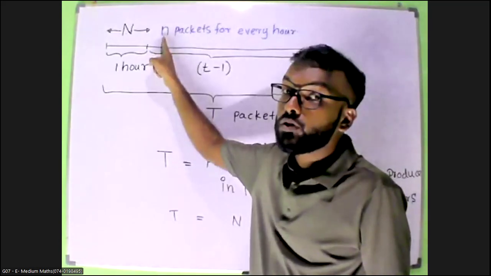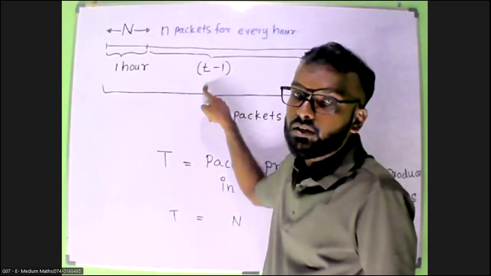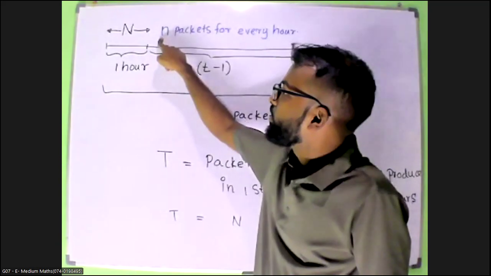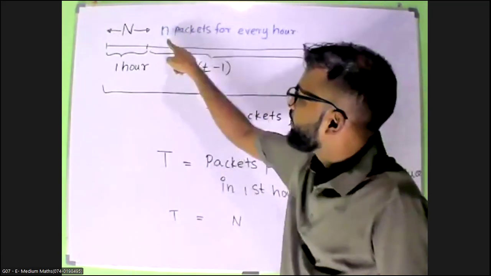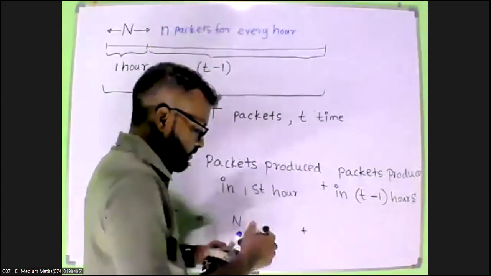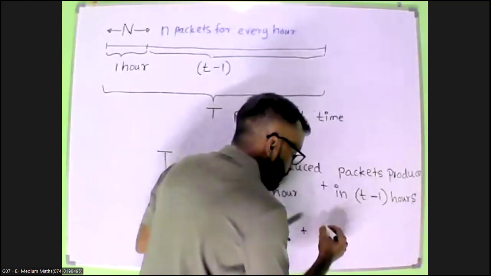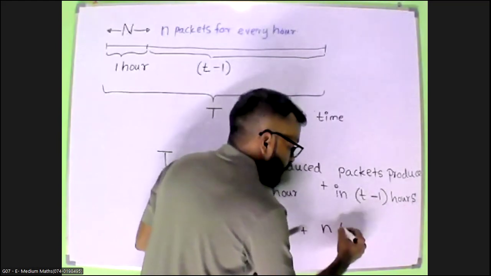For 1 hour they are producing simply N packets. Each and every hour they are producing N, so N times T minus 1, right? How many hours remaining? T minus 1 hours.